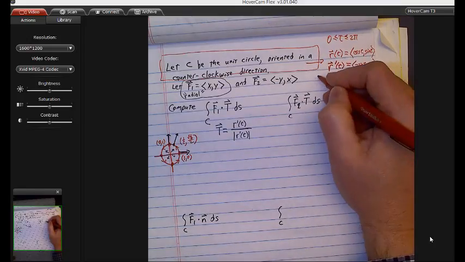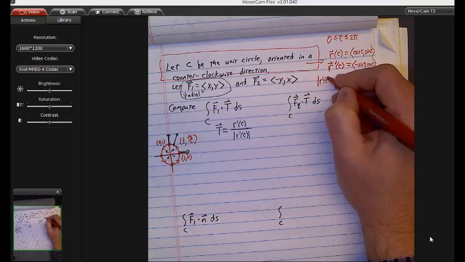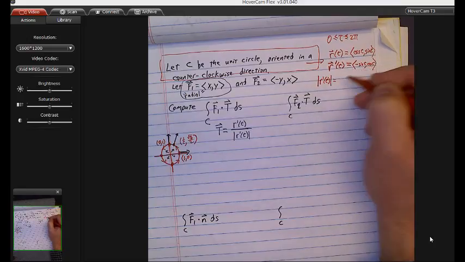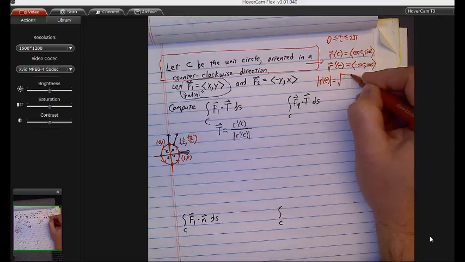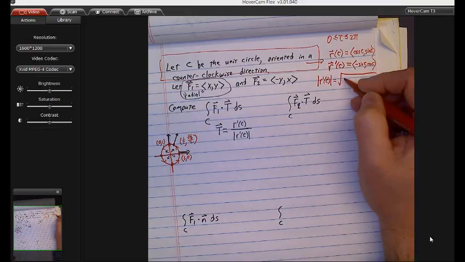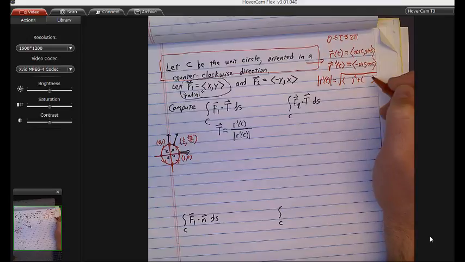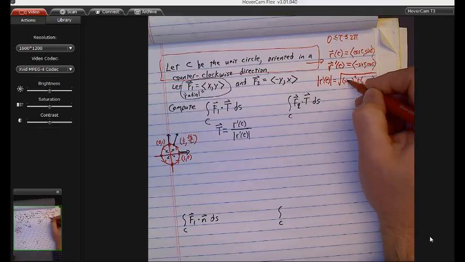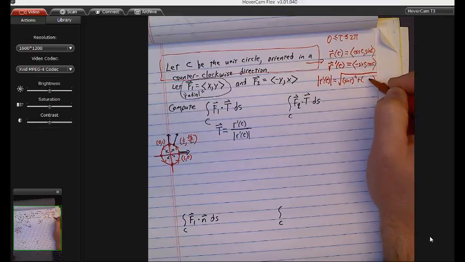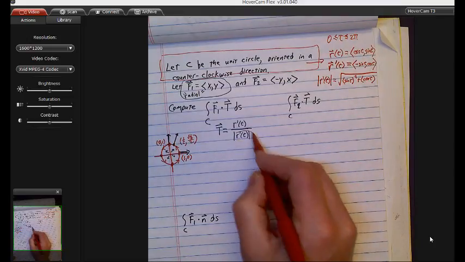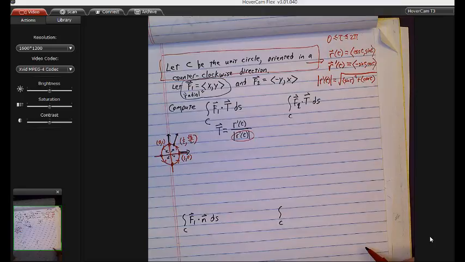And as far as the magnitude of r prime of t, how do you get that? Well, you're going to square root the coordinates squared. But what are you squaring? Well, you're squaring the sine of t, forget the negative, it's gone, and you're squaring the cosine of t. Oh, okay, so what's the magnitude of r prime of t going to equal? That's going to equal 1 in my example, right? So that's kind of nice.